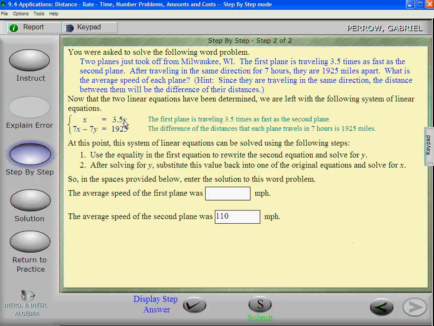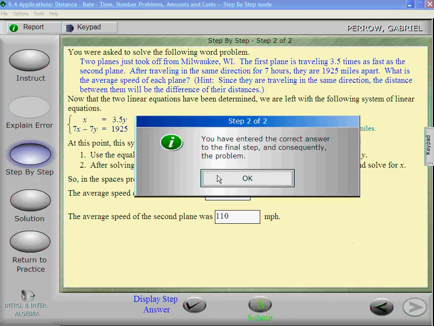And then if you plug 110 right in for y here, whenever you do substitution, the fastest spot is an equation like this, where you can just multiply by 3.5 and then you'll get the other value, which was x, which was 385. So 385 miles per hour and 110 miles per hour.